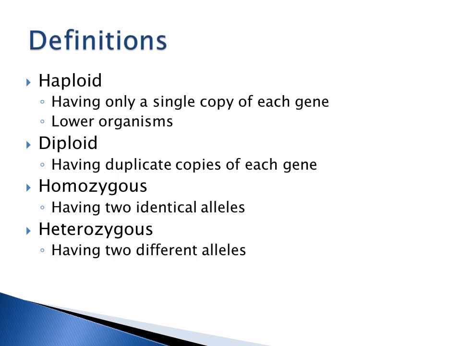So, of course, we have our definitions. Haploid is having only a single copy of each gene, and this is common in lower organisms. Diploid is having duplicate copies of each gene. When we refer to something as being homozygous, these are two identical alleles, and heterozygous is two different alleles.